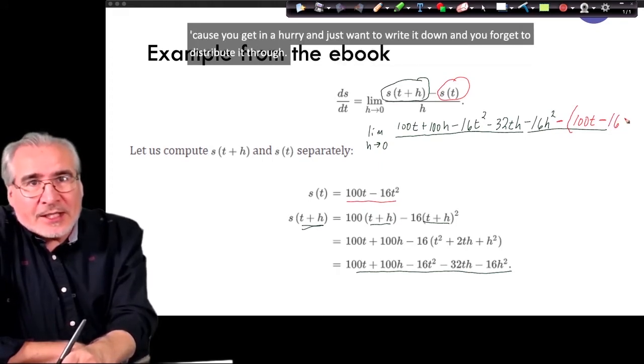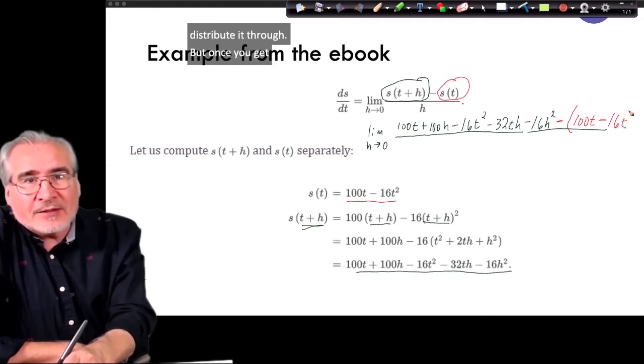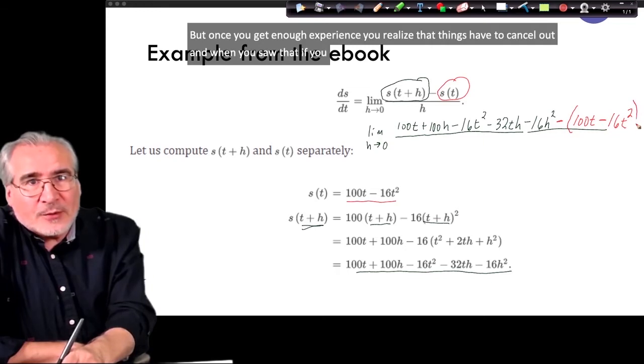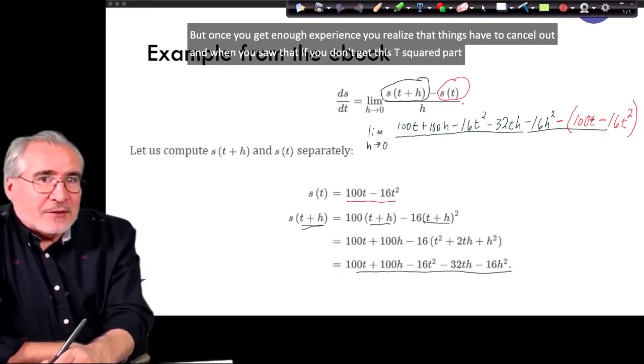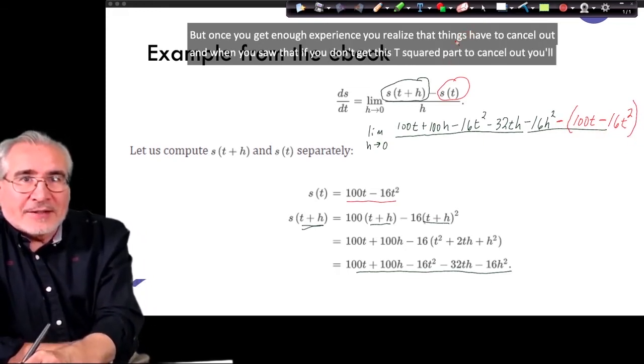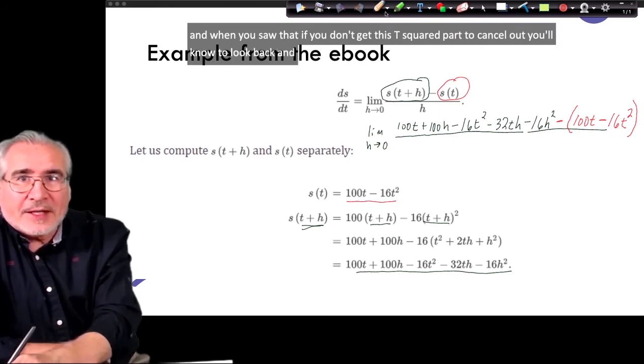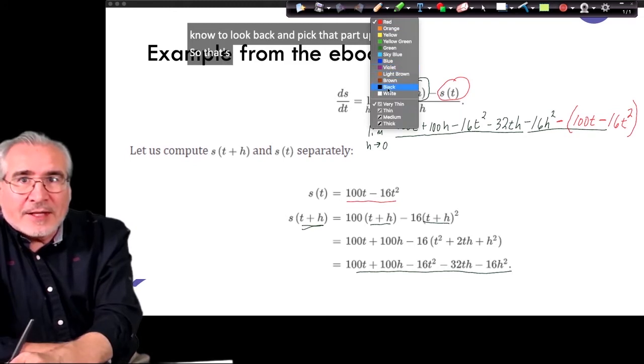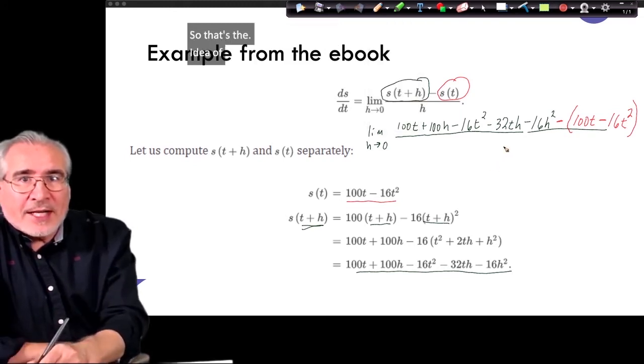But once you get enough experience, you realize that things have to cancel out. And when you see that you don't get this t squared part to cancel out, you'll know to look back and pick that part up. Okay. So that's the idea of what's happening. And then again, we just have an h in the bottom.